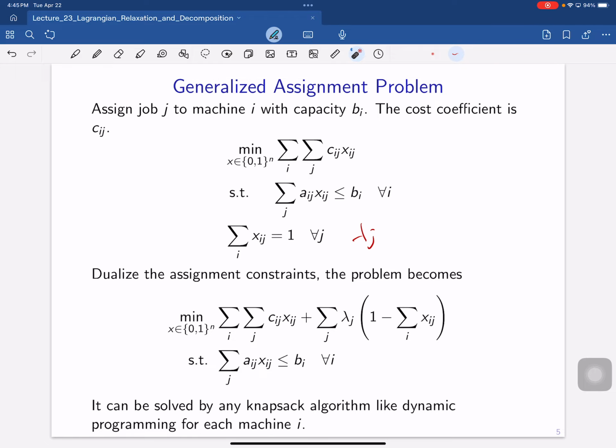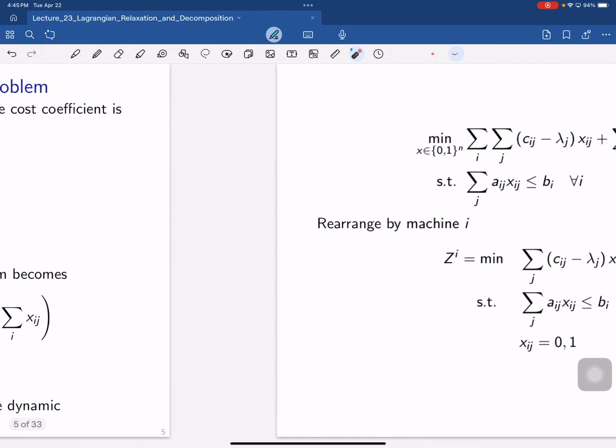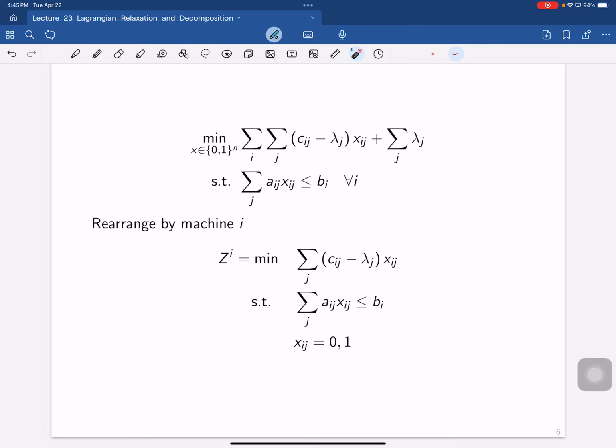Now, with this Lagrangian dual multiplier, you can decompose the problem by machine I. I did this dualization and then rearranged the coefficients by machine I, so essentially you have a sum over I and a sum over j, and you can separate the summation over I. Then you have a knapsack problem to solve for each of these subproblems, so you reduce the size of the problem by the number of machines.